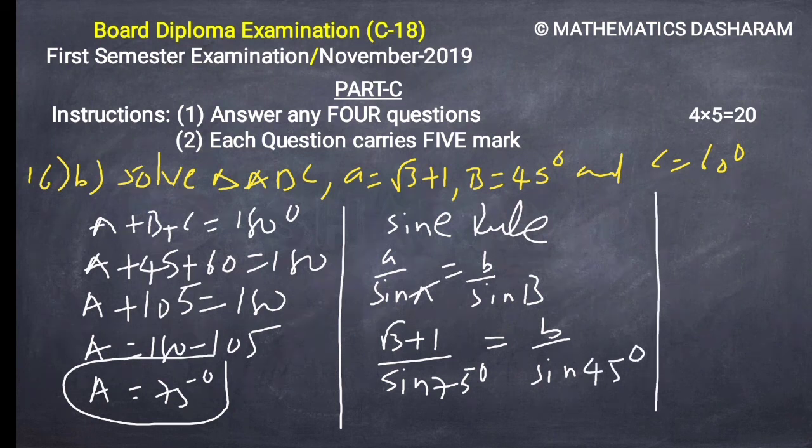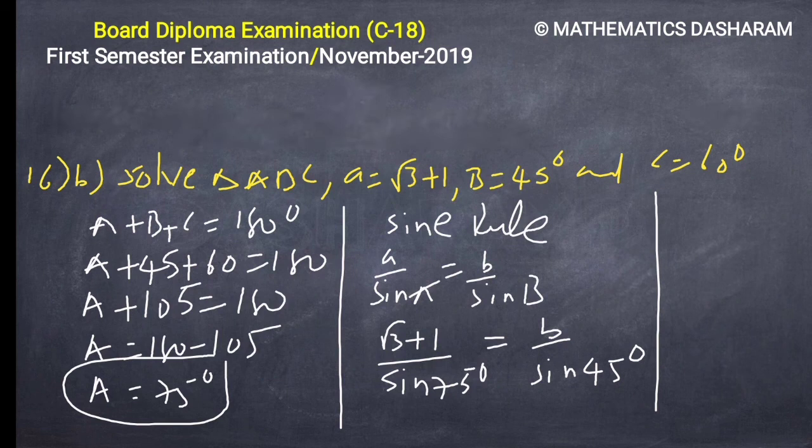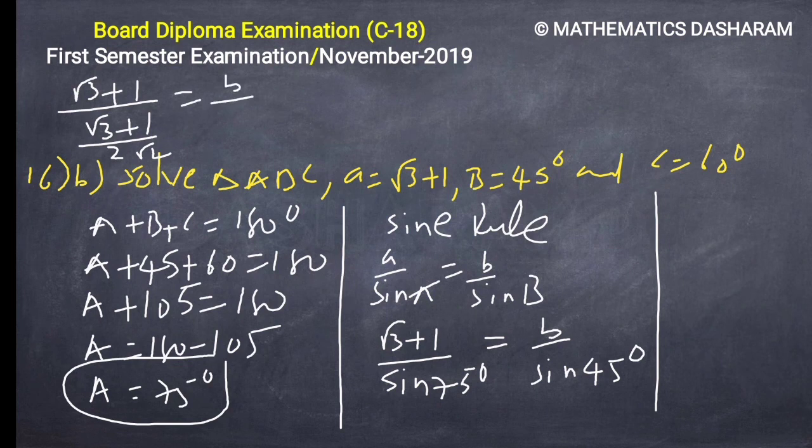So root 3 plus 1 divided by sine 75 degrees is root 3 plus 1 divided by 2 root 2. It is equal to b by sine 45 degrees, which is 1 by root 2.